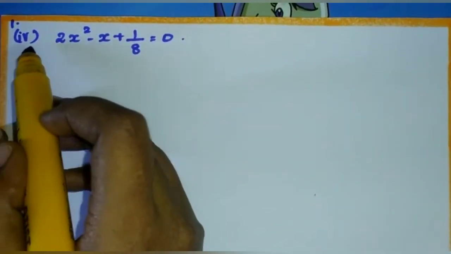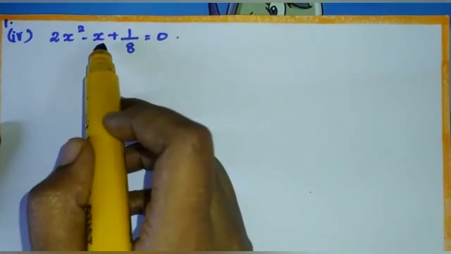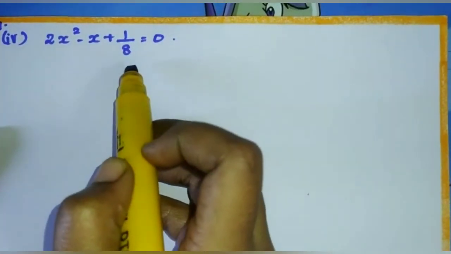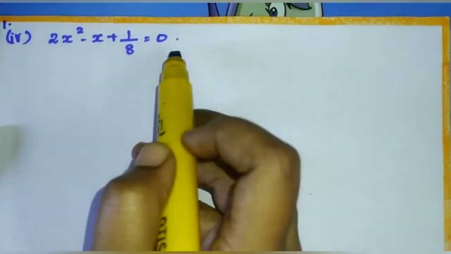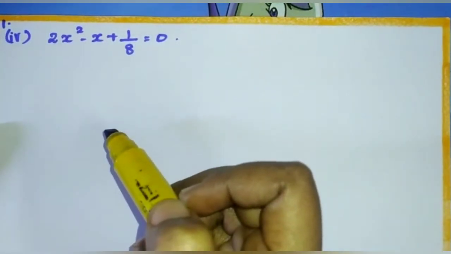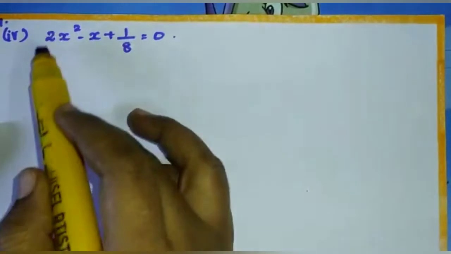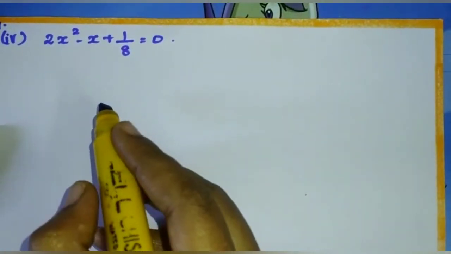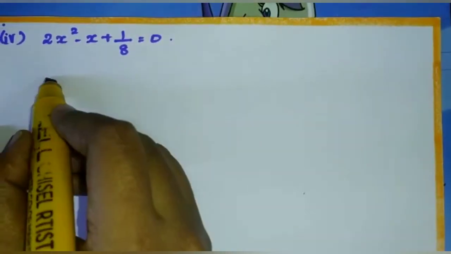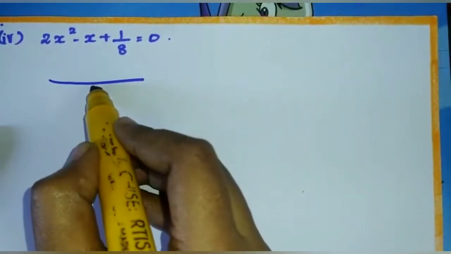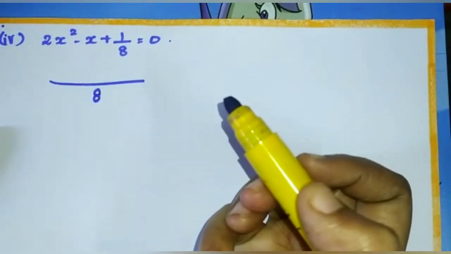In the first problem, 2x square minus x plus 1 by 8 is equal to 0. So we have to simplify this quadratic equation first. How do we simplify this one? You have to take the LCM 8.